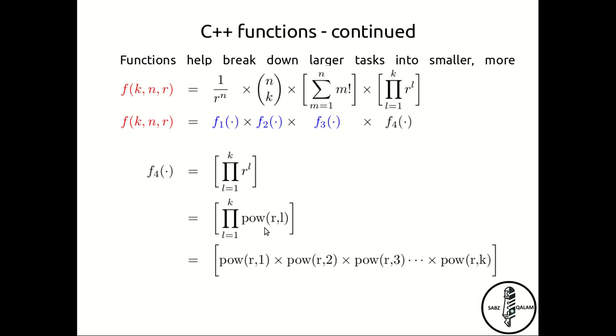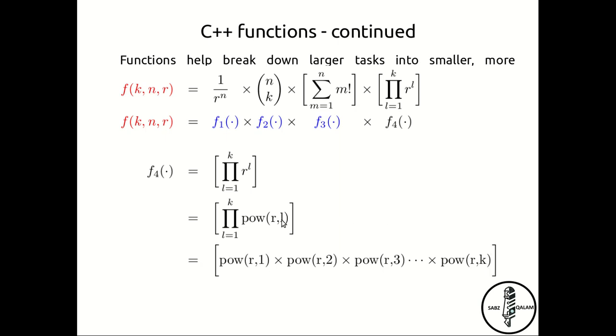So the first case is power r comma 1 because l changes from 1 to k. In the first case it's r comma 1, in the second case it's r comma 2, in the third case it's r comma 3, and this continues until you reach r comma k. Notice here there are 2 independent variables. The first one is r and the second one is k.